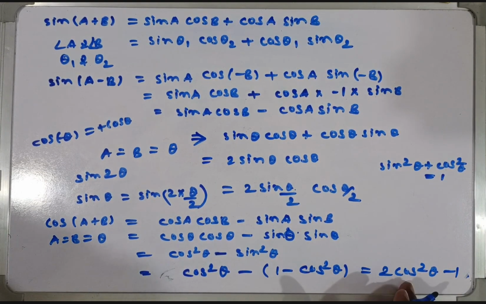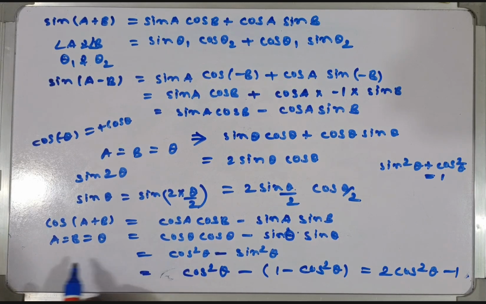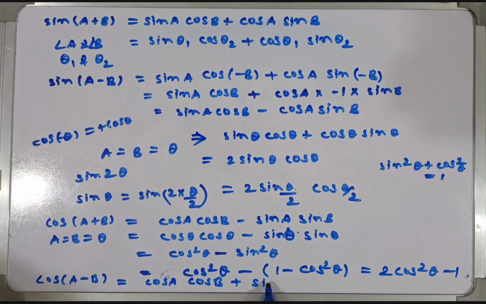So this one is also an important formula, and another important formula you guys remember. Suppose here cos a minus b, so what will be the answer? So cos a into cos b plus sin a into sin b.